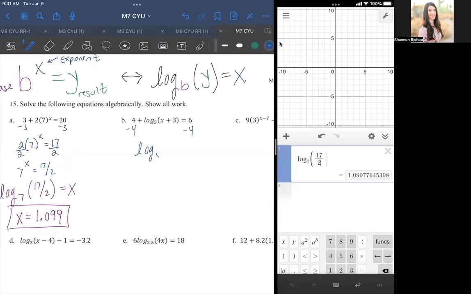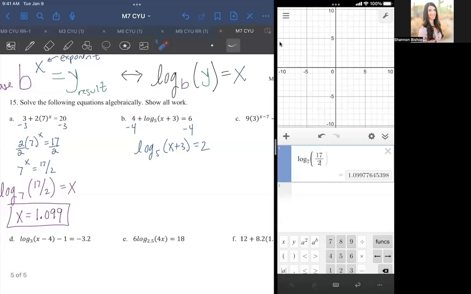And then we've got log base 5 of x plus 3 is 2. Now, once you get that far, you'll notice this is when it's ready because there's nothing else to undo, so to speak. And all that you can do is acknowledge this is the base, this is the exponent, and this is the desired result.